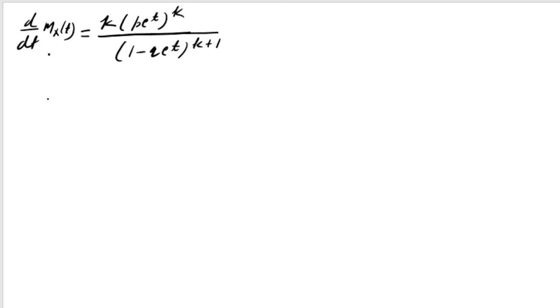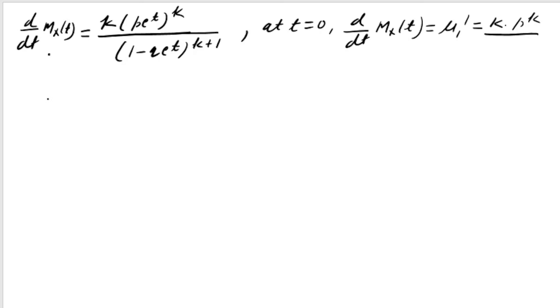So moving ahead, what we have to do next, we have to put t equal to 0. I am writing just to save space. At t equal to 0, if I calculate d by dt of M_X(t), what will I get? That is equal to mu1 dash. So look at this, e to the power 0 will become 1, it will become k into p to the power k divided by, here e to the power 0 will become 1, so it will become (1 minus q) to the power k plus 1.